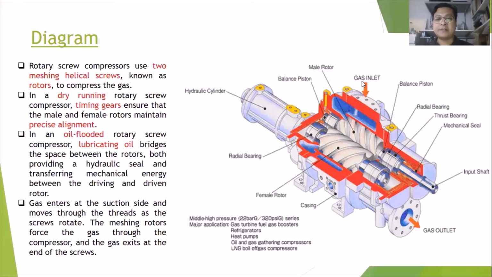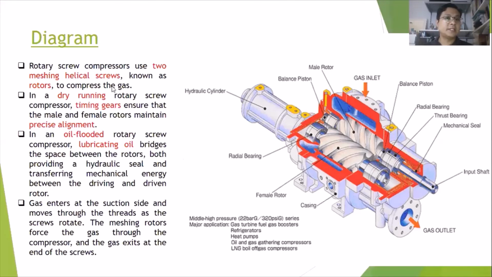The inlet is vertical and the outlet is horizontal. Okay, so the movement is like a screw, and it traps the gas between the screws, and then transfers it into the outlet system.